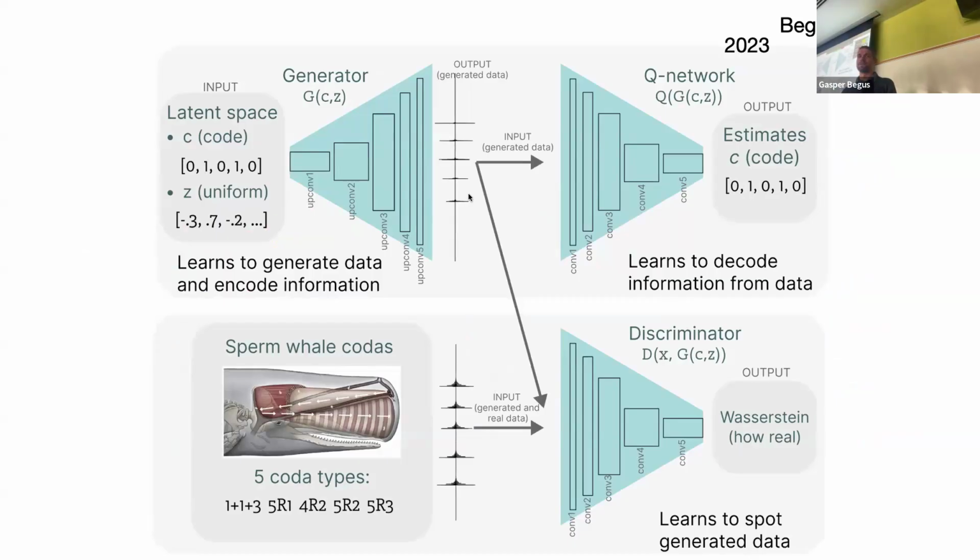Also, that seems to assume that the codas are different, right? Well, I guess we feed it different coda types, but if you feed it the exact same codas, then maybe the model would learn something, it would use some other acoustic properties to encode information.